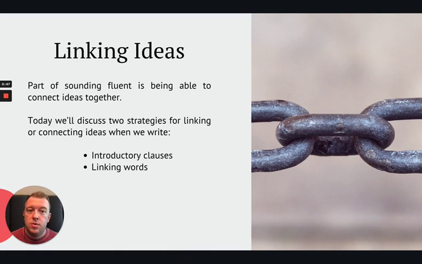So instead, what native speakers do when they're writing, when they're speaking, is they use some introductory clauses or they use some linking words to help these sentences connect together. So today we're going to look at these two tools and we're going to learn how to use them ourselves.